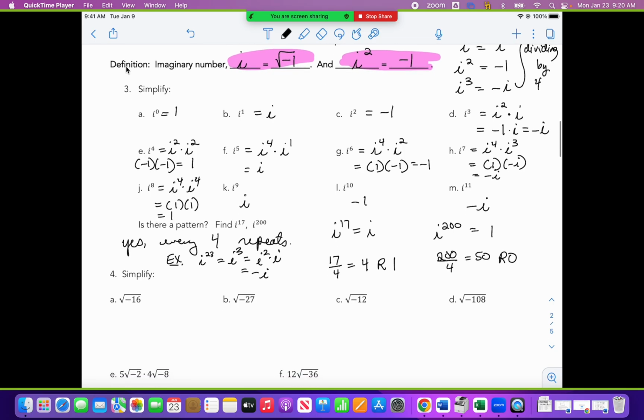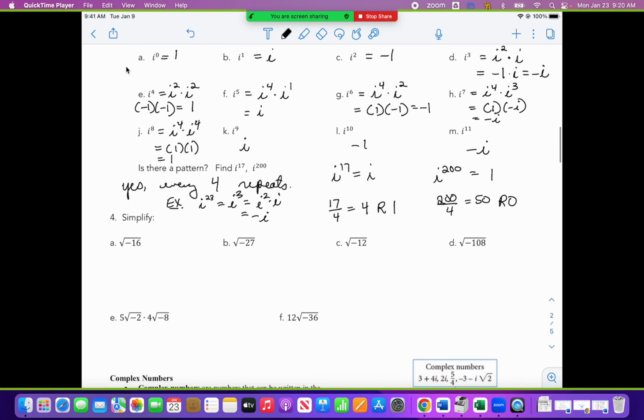All right, so those are called the powers of I. So now let's look at number 4. If I want to simplify, here's the big idea. I equals the square root of negative 1. So whenever you have a negative under a square root, we're going to pull the negative out.